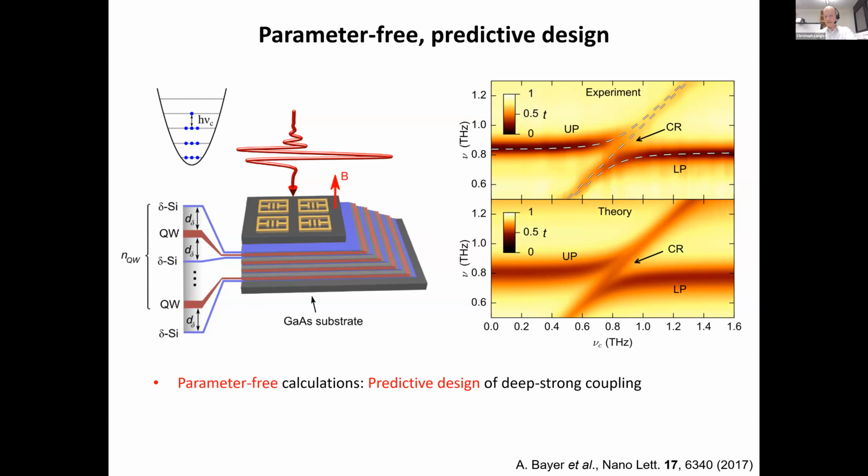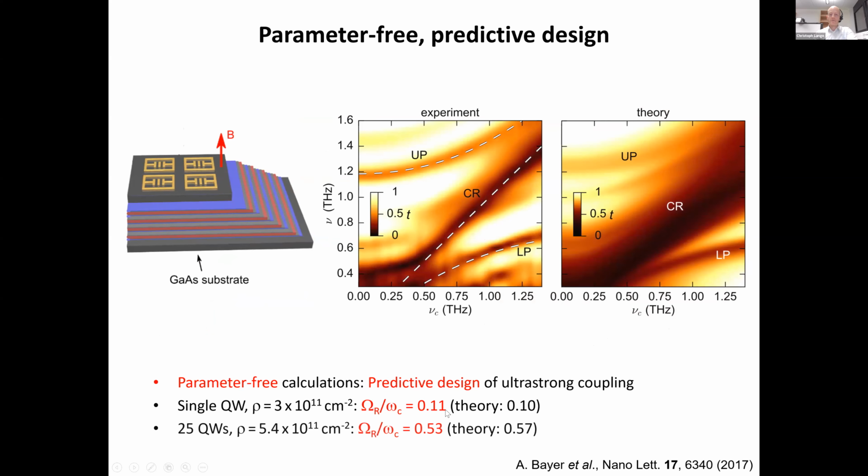The corresponding calculation confirms this with an error of less than 10% and confirms the coupling strength of 0.1, meaning the vacuum Rabi frequency divided by the carrier frequency of light is 10%. With this design approach, we went forward to optimize these structures.